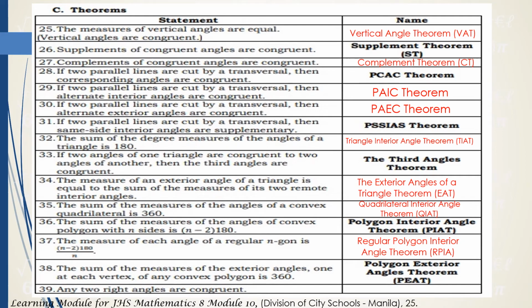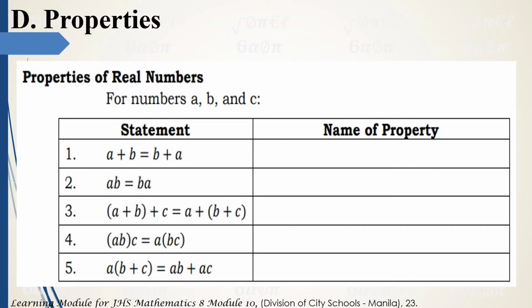And regular polygon interior angle theorem, or RPIAT. We also have the polygon exterior angles theorem, or the PEAT, and right angles congruency theorem. So, yan po yung mga theorems or some of the theorems na pwede nating magamit for reasoning.